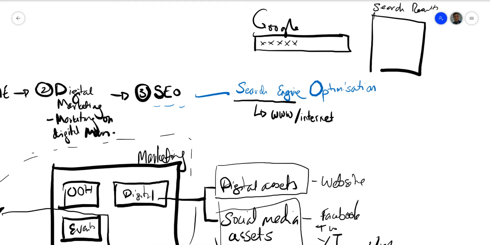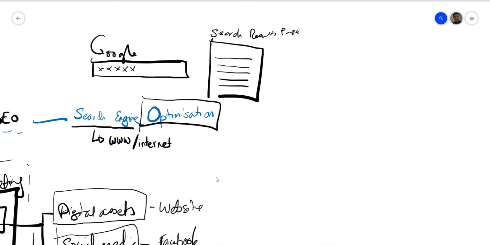The idea of search engine optimization is to have your page, your content, appear among the top search engine results page, preferably within the first or second page.